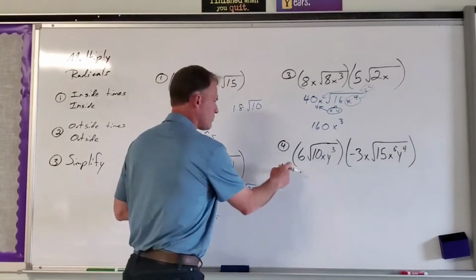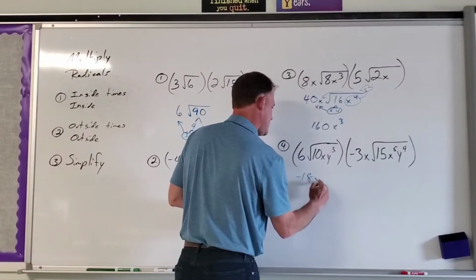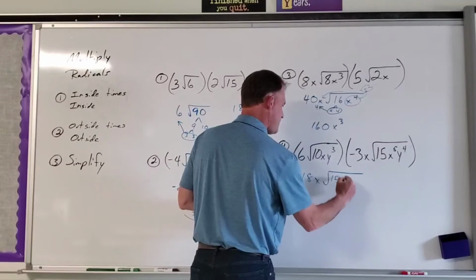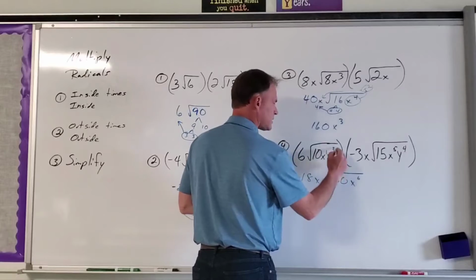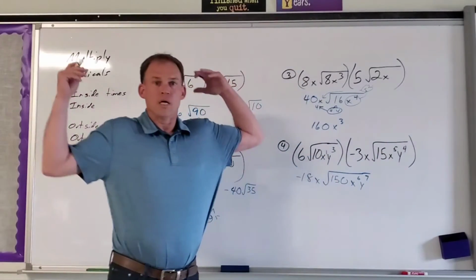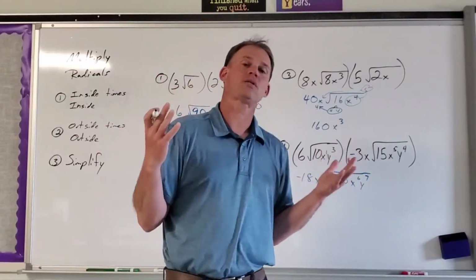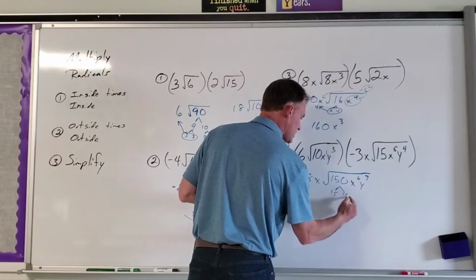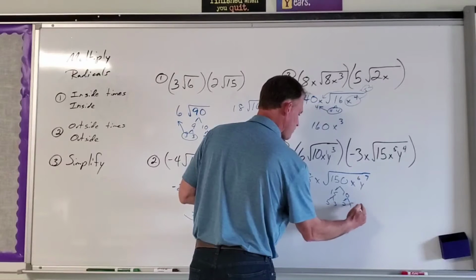Moving on. Outside times outside, negative 18x. Inside times inside, 150. Don't forget your invisible 1. X to the 6th. Y to the 7th. It's just a process. Numbers can get big, but it's just a process. Okay? 150, 15 and 10, 5 and 3, 2 and 5.